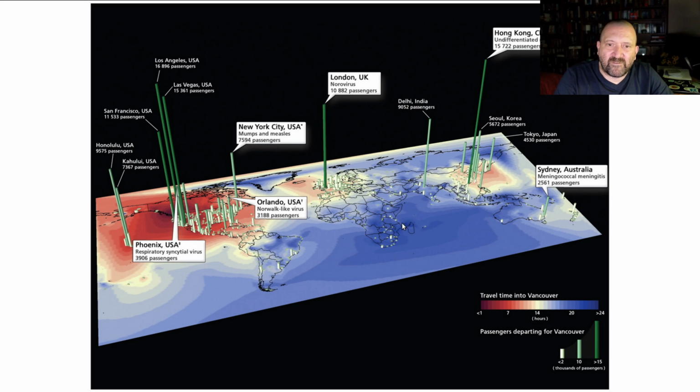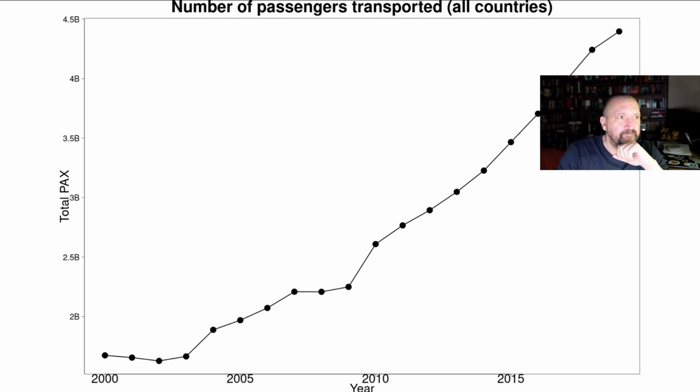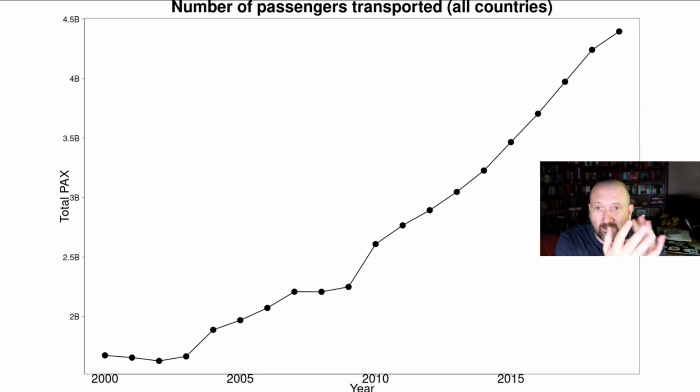There's a few isolated places where it would take you more than 24 hours, but altogether, you can make that trip in very little time. So that means that in terms of Vancouver being potentially the recipient of diseases, which is what is shown with these bars here, that's very quick. And I should point out that the number of people who use airline transportation has increased even since the 2000s.